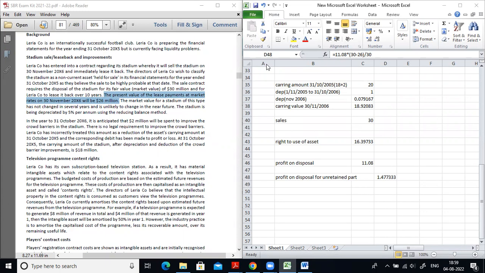Then next one. So this should be the accounting treatment for this procedure. The company need to follow this.